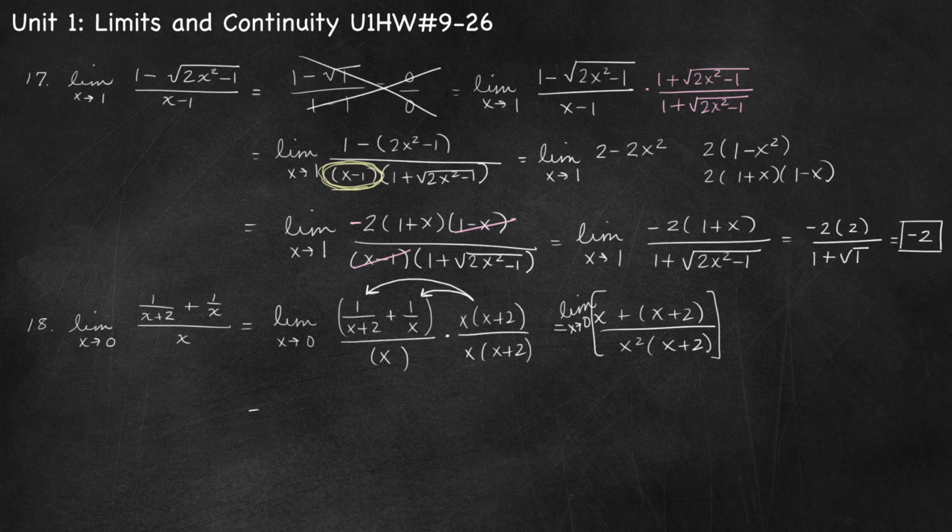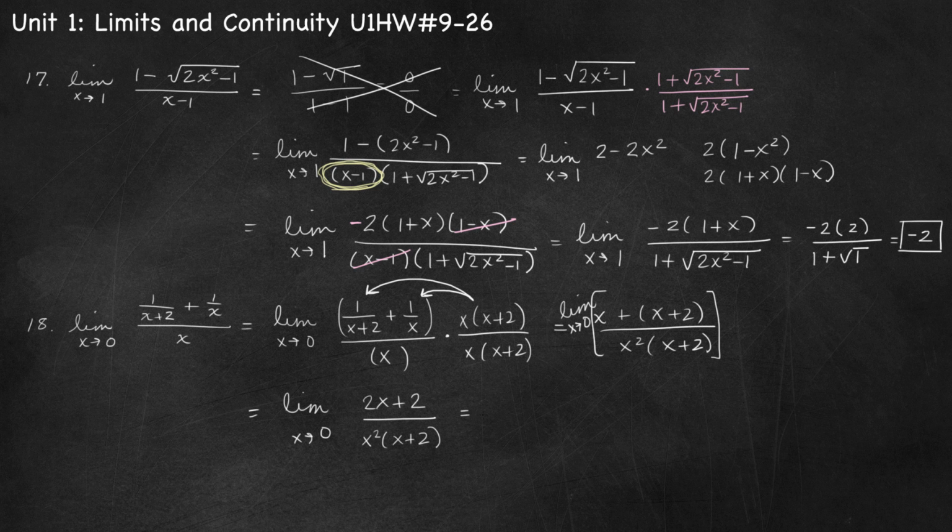Okay, so that is going to equal the limit as x approaches 0 of, now we can simplify, x plus 2 is 2x plus 2. And in the denominator, there's no need to multiply that out. You can. I'm just going to leave it factored. And now try substitution.